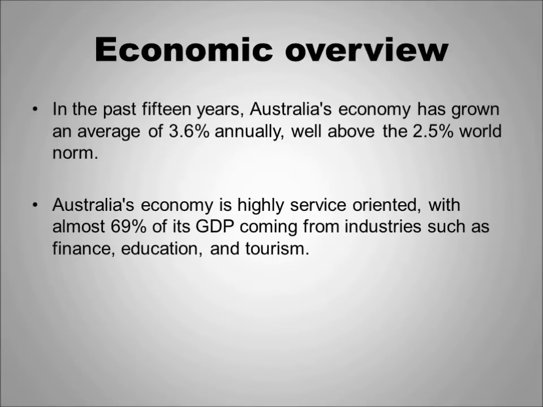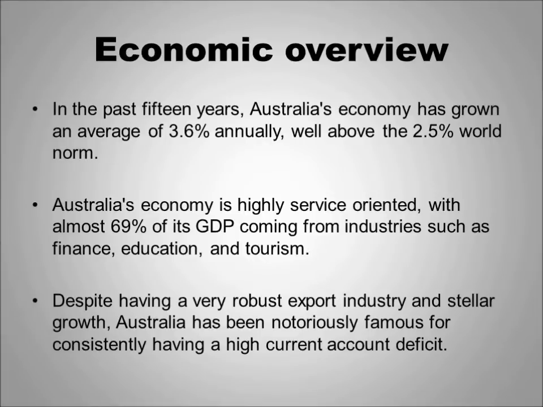So, let's talk about the Australian economy. Here's what we need to know: in the past 15 years, Australia's economy has grown an average of 3.6% per year, well above the 2.5% world norm. So we're talking about fast and very successful economic growth. Australia's economy is highly service oriented, like Canada, with almost 69% of its gross domestic product coming from industries such as finance, education, and tourism.